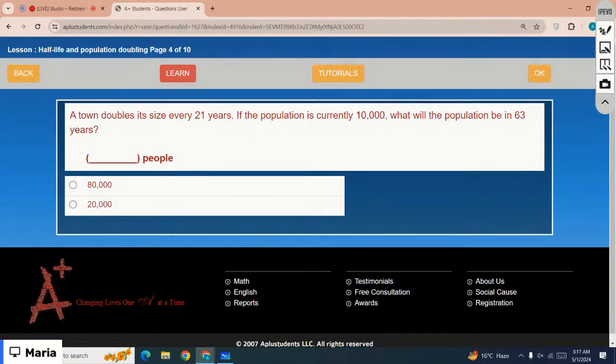The correct option is... 63 means 3 times it would be doubled, right?